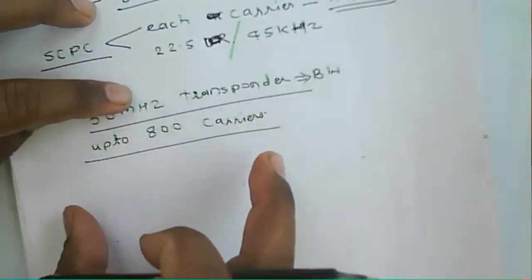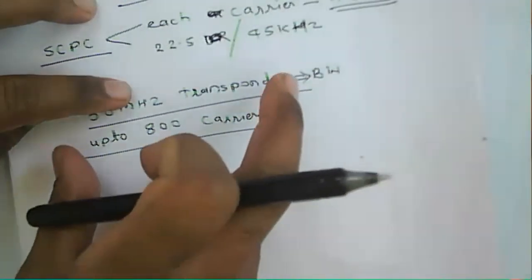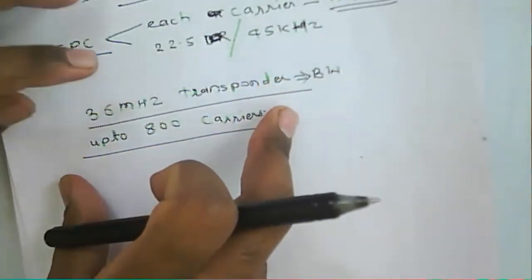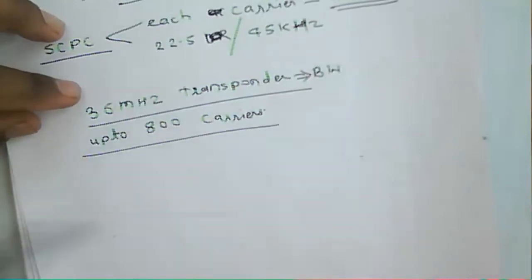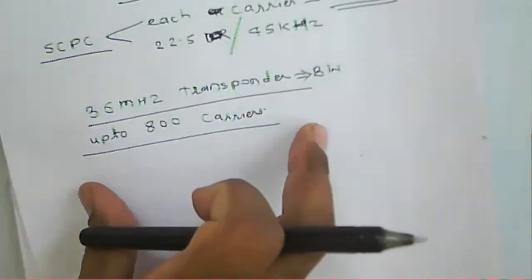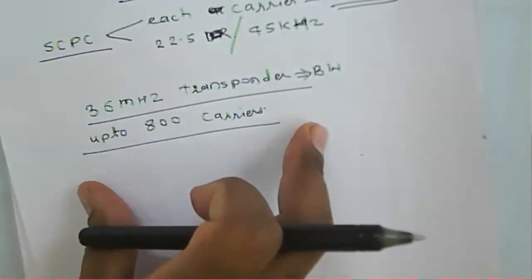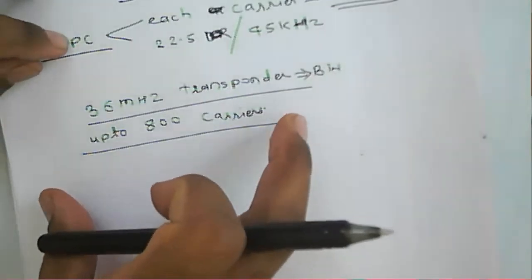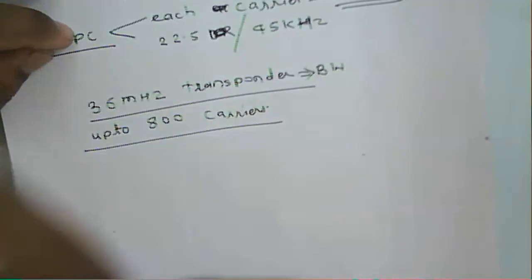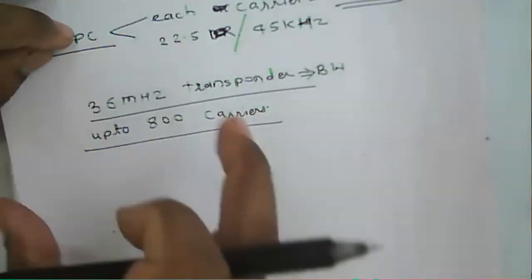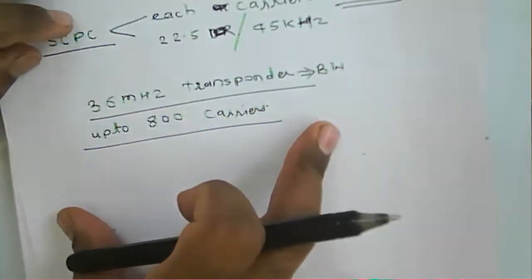If the transponder is able to support 800 simultaneous carriers, then what happens? All the carriers are not used all the time, or all the carriers are not used fully at a given particular time.